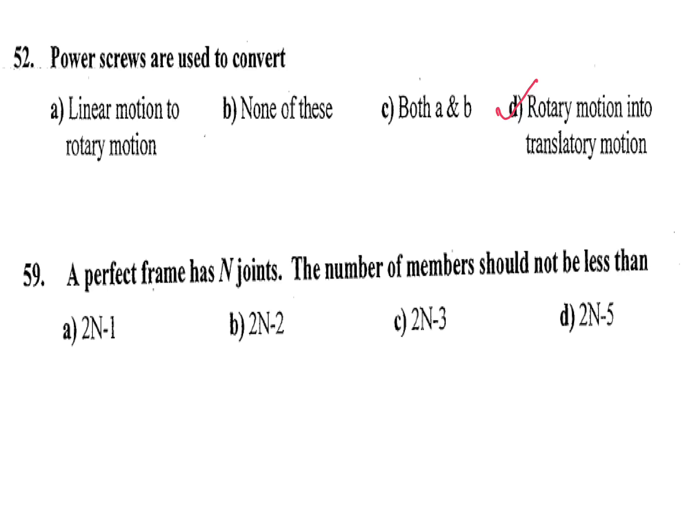A perfect frame has n joints. The number of members should not be less than what? This one was asked in GATE. The same question was asked in 2014 for a perfect frame. So all three options I will tell.